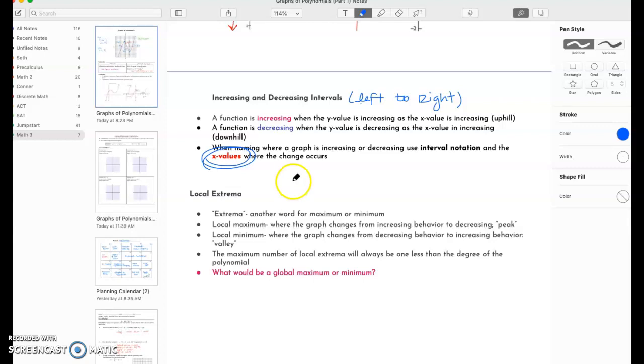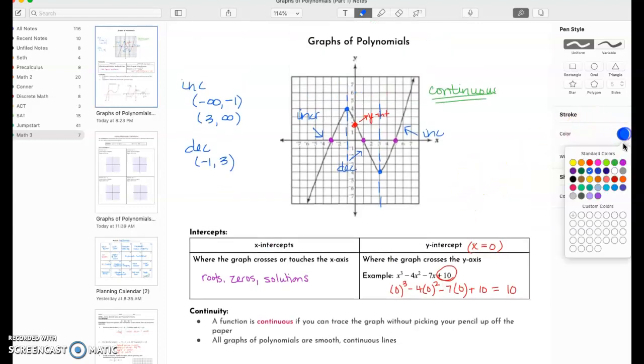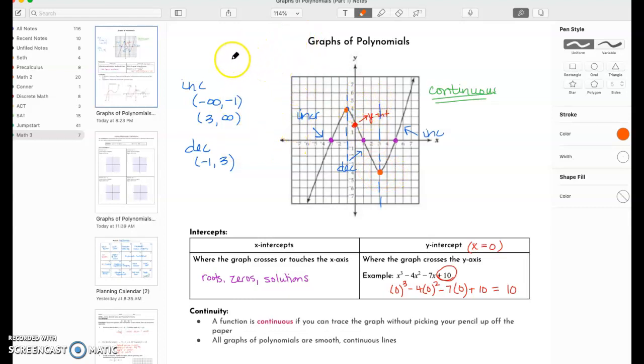And so we can go back up here. So those points that we found earlier are our local extrema. So if I have 3 intervals of increasing and decreasing, then I have to have at least 2 local max or min.